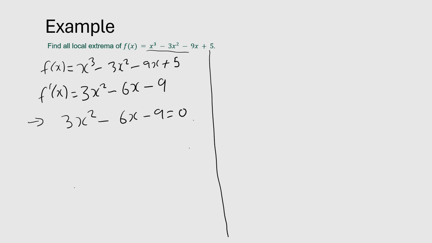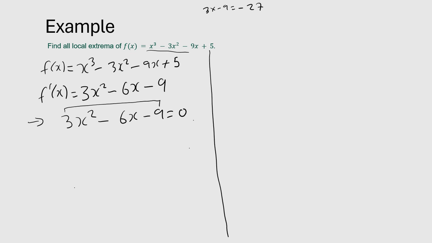If you want to solve this, we can use the factorization method, which is we multiply this 3 by 9. If we multiply 3 times minus 9, this is minus 27. So we have to find the numbers that, if you multiply them, we get minus 27, and if you add them, we get minus 6.